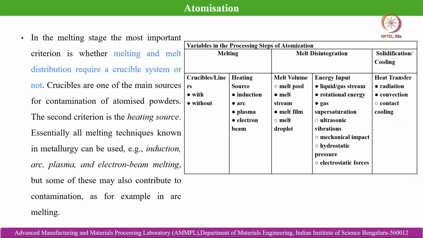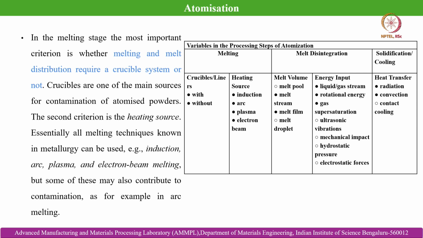So in the melting stage, the most important criterion is whether melting and melt distribution requires a crucible system or not. Crucibles are one of the main sources of contamination of atomized powder. The second criterion is the heating source.